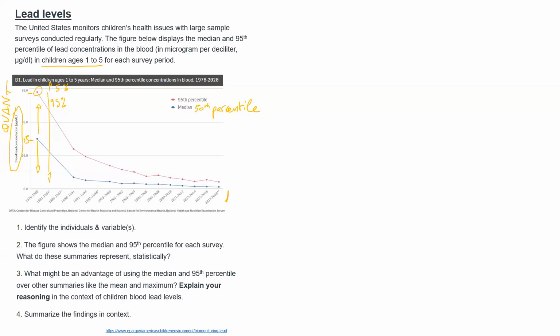Other measures like the average and like the maximum can easily be influenced by extreme values. So specifically in the context of a variable like blood lead level, you could end up with one child in your sample that had accidentally an extremely high level of exposure to lead, maybe by eating some paint chips from a wall that was painted with old lead paint.